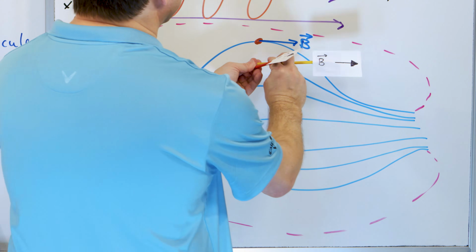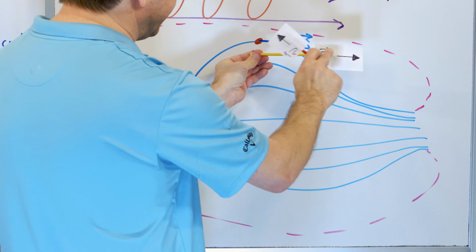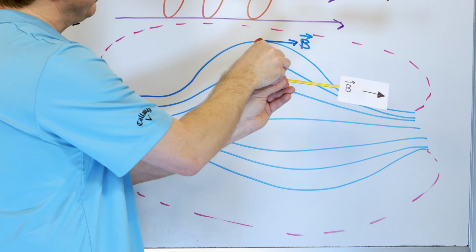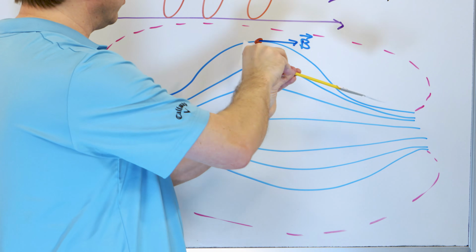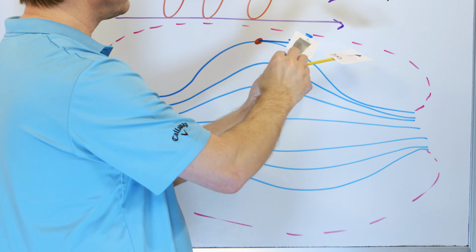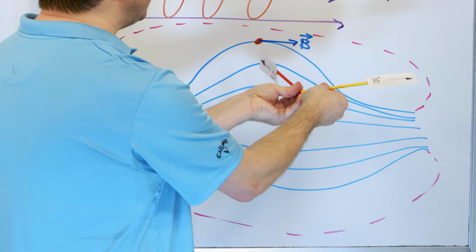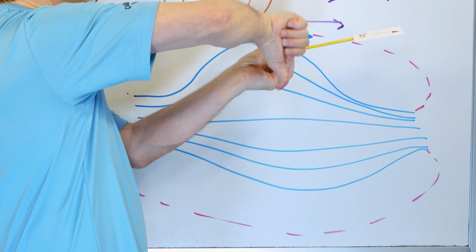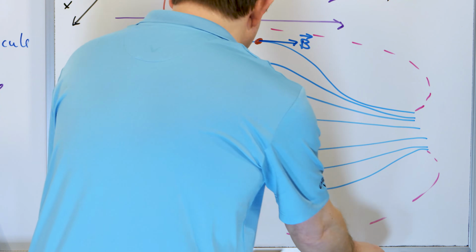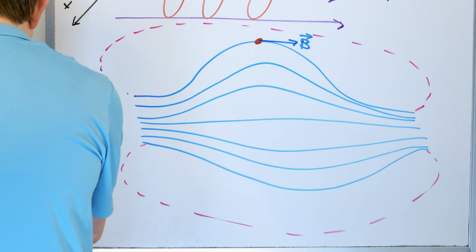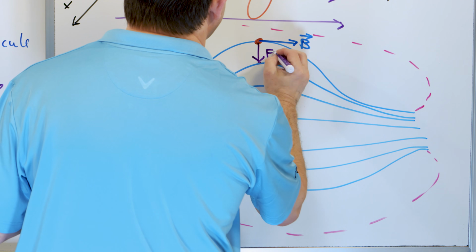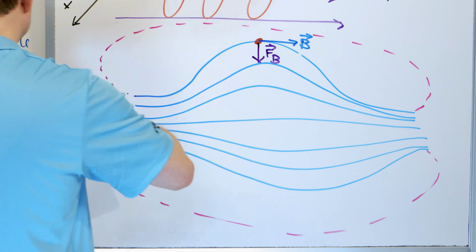The magnetic field right here is locally flat, even though it is curved overall, and the particle is traveling, let's say initially into the board, and it's a positive particle, then it would be Q, V cross B. So I go into the V first, cross B, and the force would act downward, right? So the magnetic force would then act downward. Here would be the force right here. We'll call it FB acting downward.